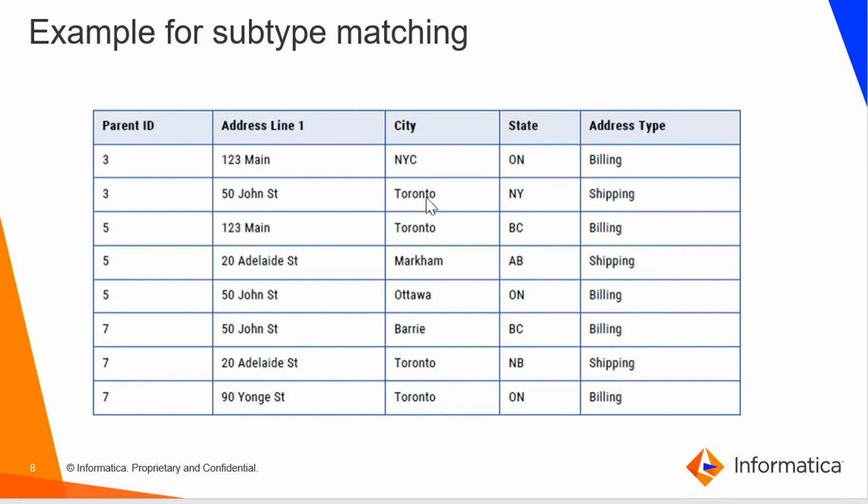Toronto matches with Toronto, although shipping and billing address types are different, and ON will match with ON. Similarly, 50 John Street from address line 1 matches with 50 John Street of address line 1 of row ID 7. Here, Toronto from shipping matches with Toronto of shipping.